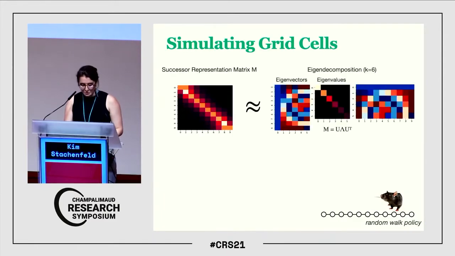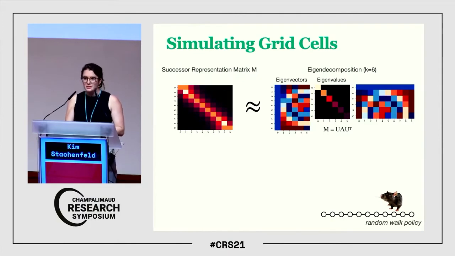One way that you can do compression in a simple linear algebra type of way is to take the eigendecomposition of this matrix. This involves rewriting the successor representation as a product of three matrices. The first is a matrix of eigenvectors, the second has eigenvalues in it, and the third is the same matrix of eigenvectors again, but now transposed to be on its side.